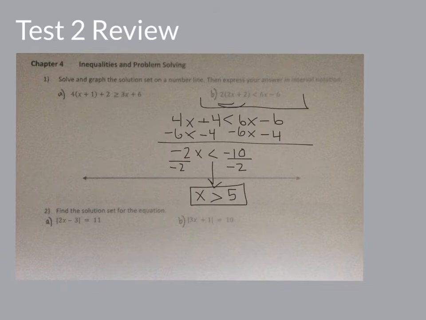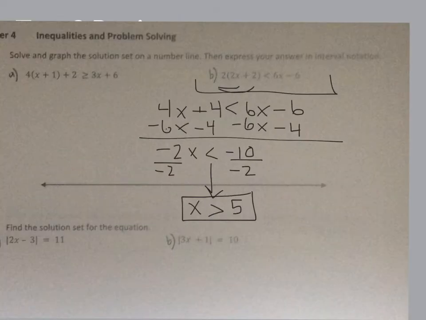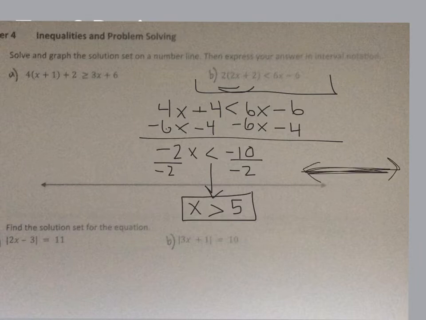So let's graph first. I kind of messed up my number line, so I'll draw another one right here. There's my number line. I have x is greater than 5. So here is x equal to 5, and we are not equal to 5, so it's an open circle, and the values are greater than 5.